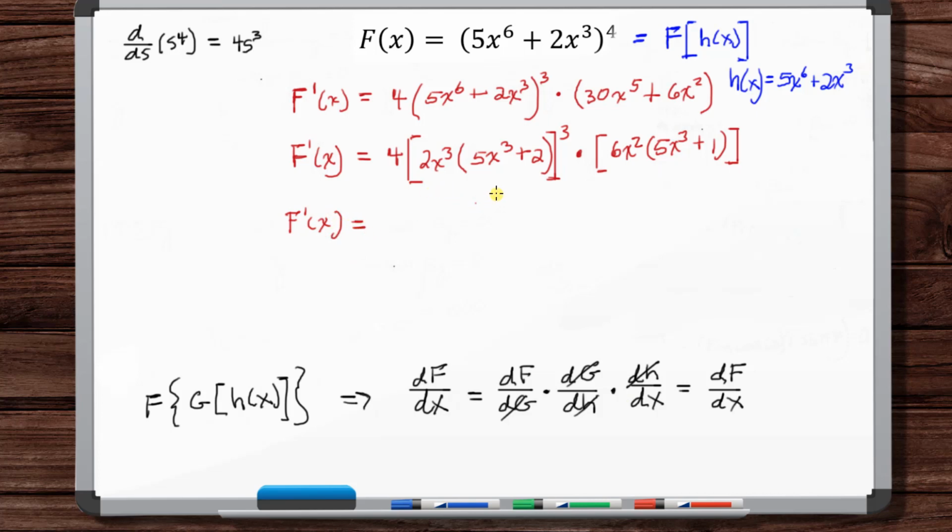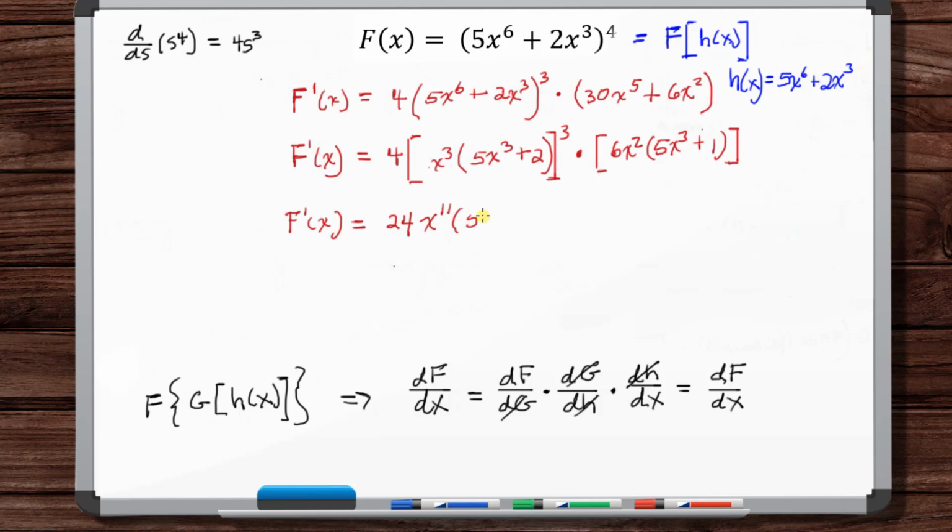So let's bring this 6x squared to the front. Oh, wait, what did I just do? I can't take out a 2 here. This is just x cubed. Okay, so let's bring this 6x squared to the front, and then this x cubed, but this is actually x to the 9th. So you've got 6 times 4 is 24, and then x to the 9th times x squared is x to the 11th.